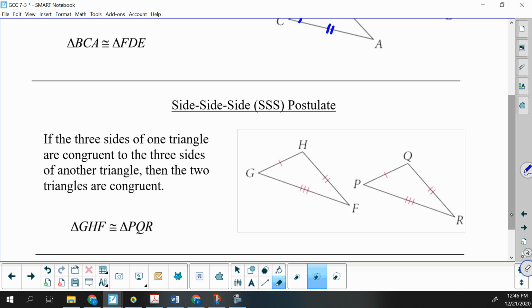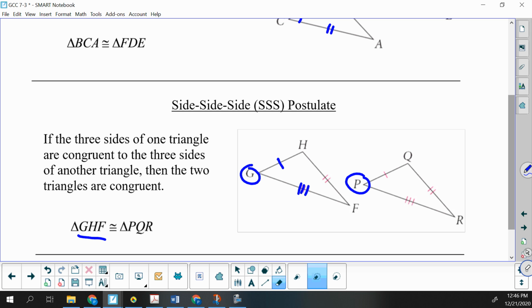Just one thing I want to point out about a congruent statement in a triangle, the order of the letters does matter. In the first triangle, you just name it however you want. So we named this one GHF. But in the second triangle, you need to make sure it matches up accordingly. So notice G is in between our 1 mark side and our 3 mark side. So the letter that should come first in the second triangle also needs to be in between the 1 mark and the 3 mark.